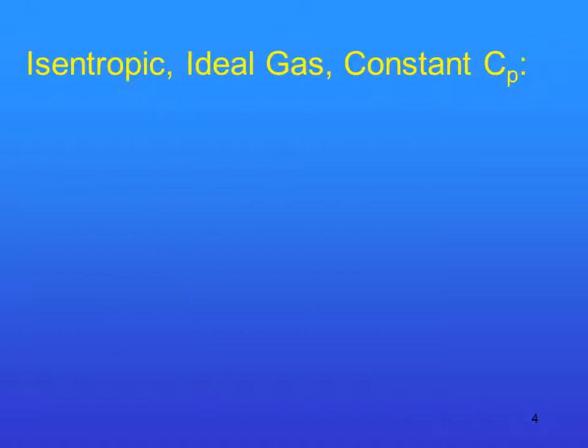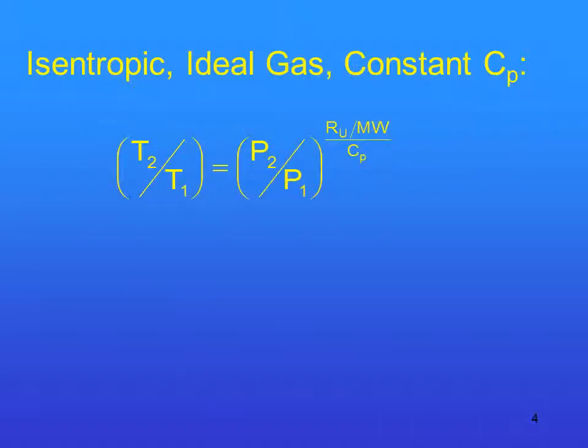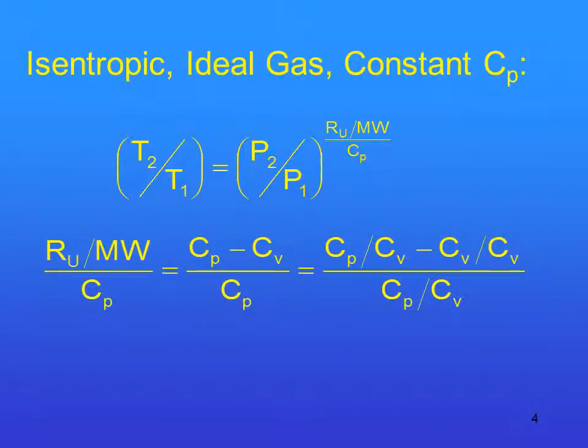And we have, for an isentropic ideal gas with a constant Cp, the following equation: T2 over T1 equals P2 over P1 to the R over molecular weight divided by Cp. With a little more manipulation, we can show that this exponent depends only on Cp/Cv.